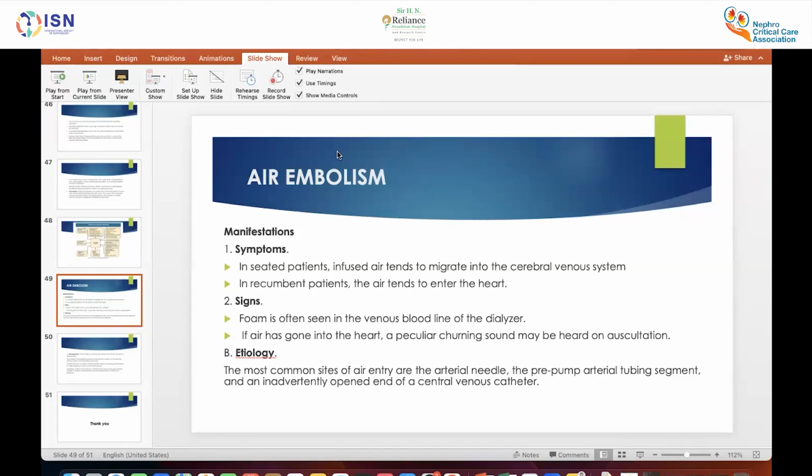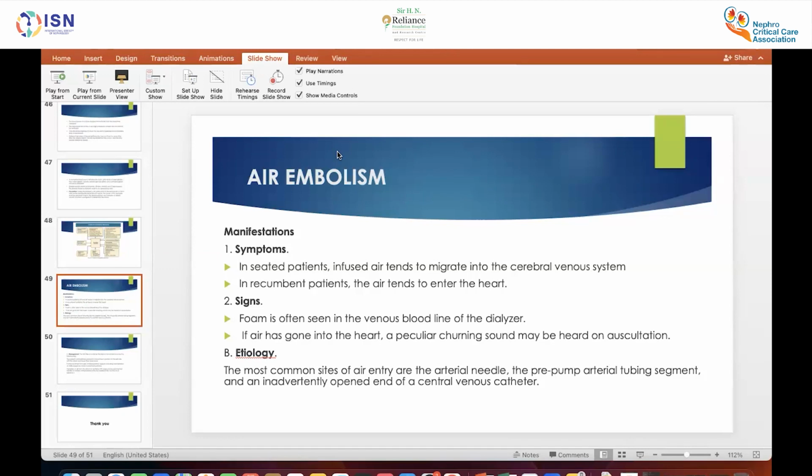What is more important in this scenario? If you are giving any saline or bolus of saline into the venous system, in the tubing, it will be in the arterial system, correct?